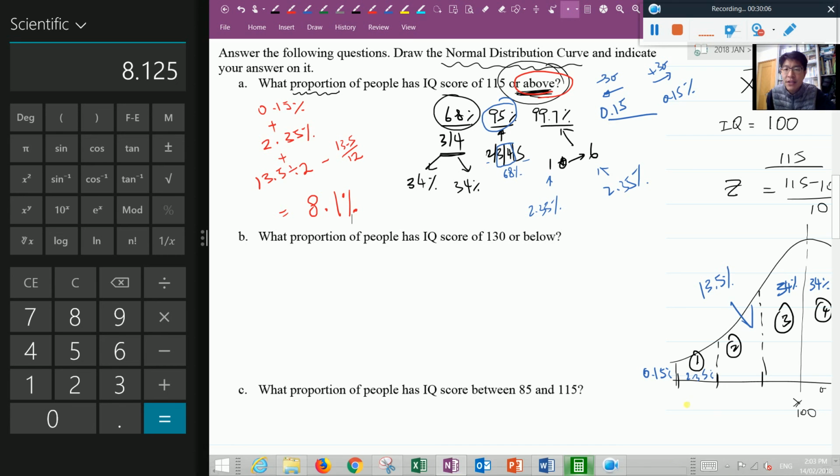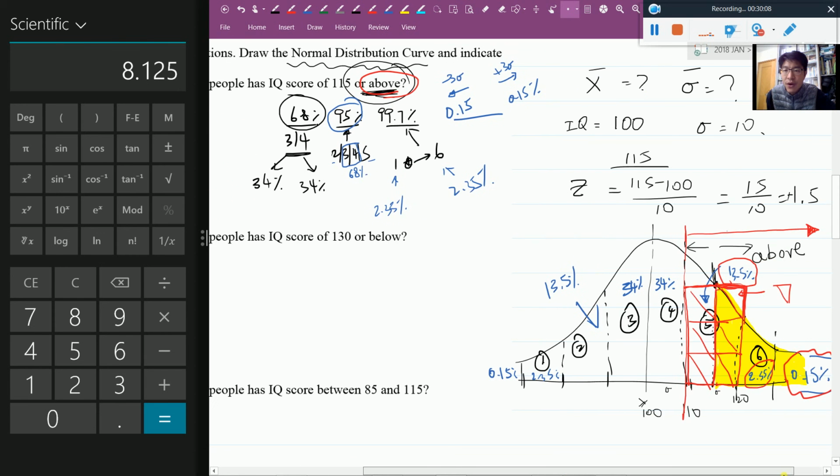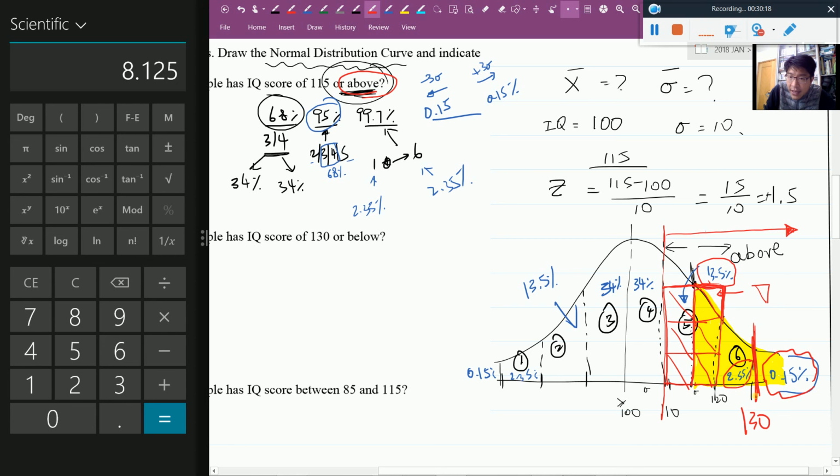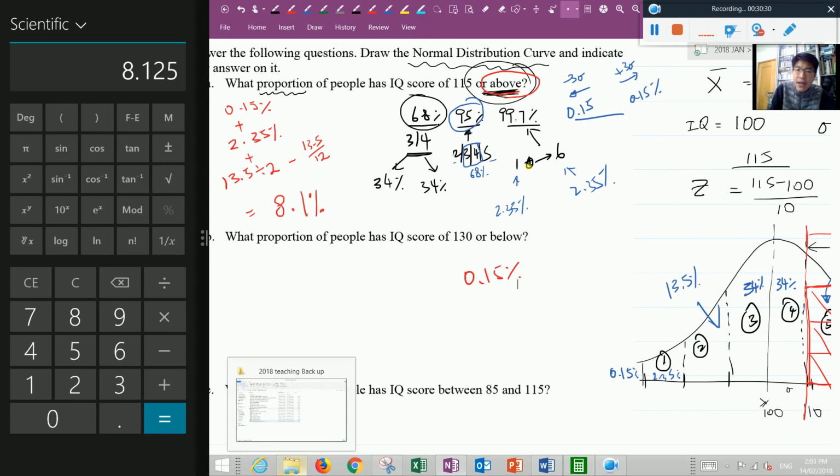So how about 130 score? 130 is extremely easy because this is 110, 120, and 130 is right there. All we need to do is tell people this monster range is 0.15%. But make sure that you look at the question. Is it anything below?